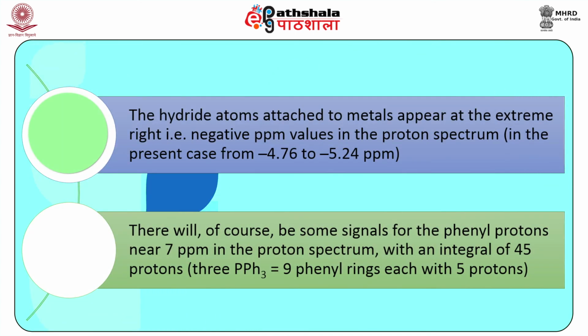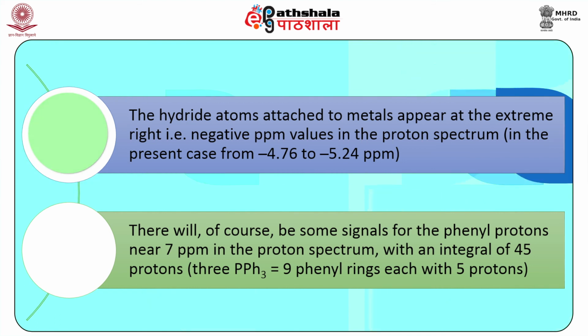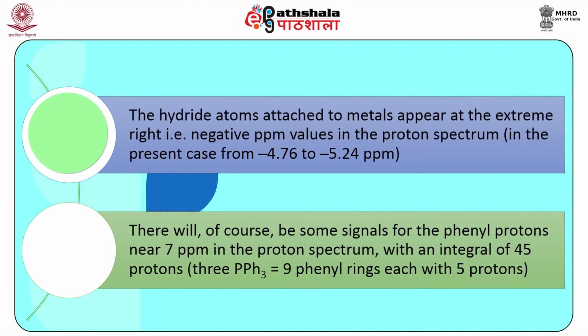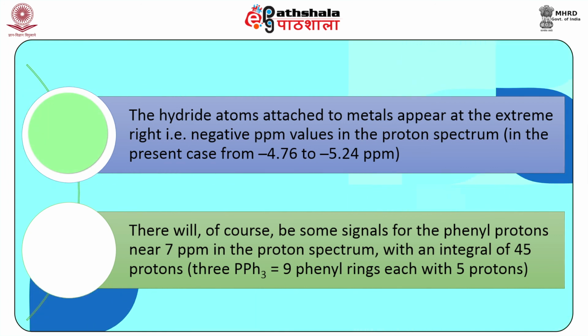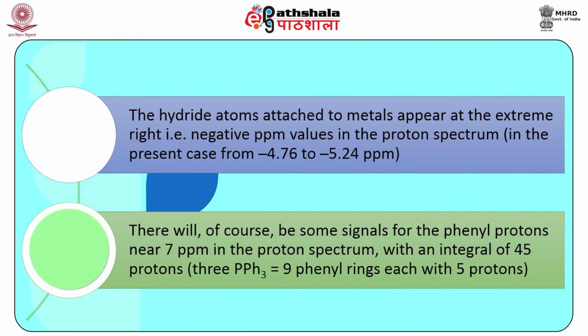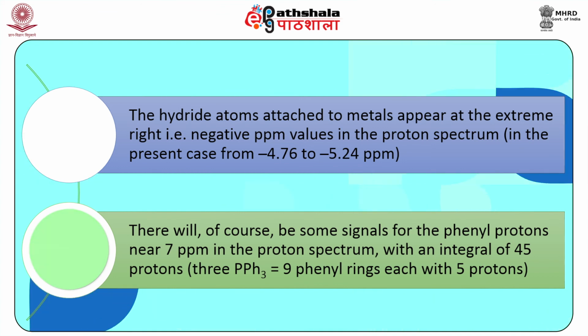The hydride atoms attached to metals appear at the extreme right, that is at negative ppm values in the proton spectrum. In the present case, from -4.76 to -5.24 ppm.